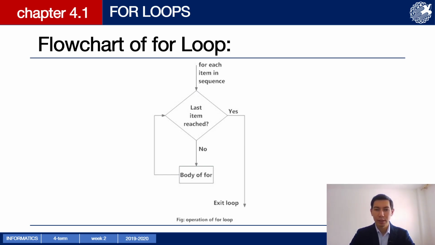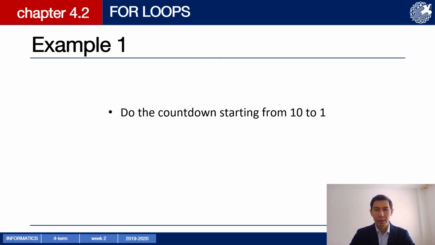If the last item has been reached, it exits the loop. If it's not reached, it goes to the body of the for loop and repeats the action until the last item.